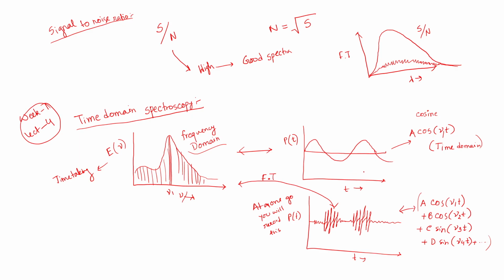You can get it from two frequencies or two waves, or you can break it into multiple, more than two frequencies or waves, right? So you will get many more frequencies or many more points.